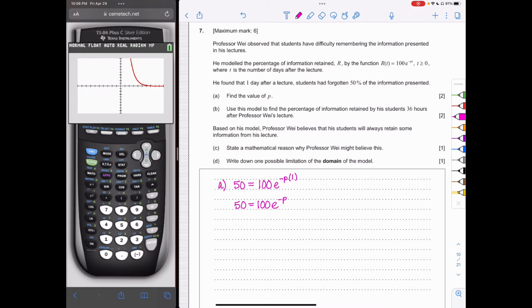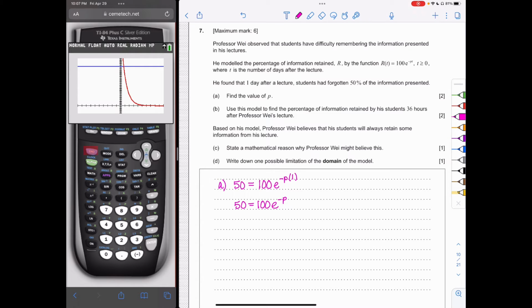I'm going to adjust my window because I see that when I went to y equals, I had y equal to 50, which means I have a horizontal line at 50 on the y-axis. So I'm going to just type in 60 so it'll be clear for me to see. And as you can see, I see the line there, and I also see the intersection.